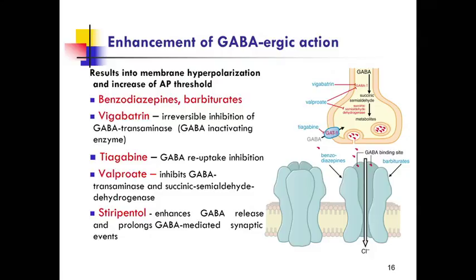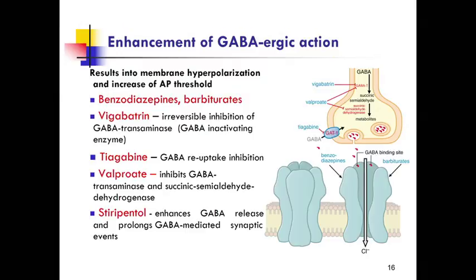Then the anti-seizure drug vigabatrin works by inhibiting the enzyme that breaks down GABA. Just like a monoamine oxidase inhibitor inhibits monoamine oxidase that breaks down the monoamines, serotonin, noradrenaline, the same way. So it allows more GABA to be available to produce the inhibition. Then tiagabine.